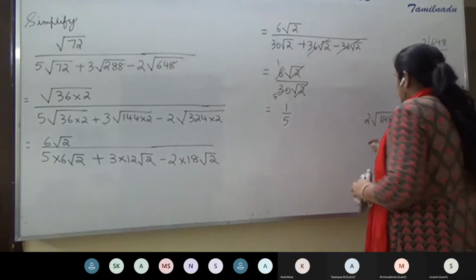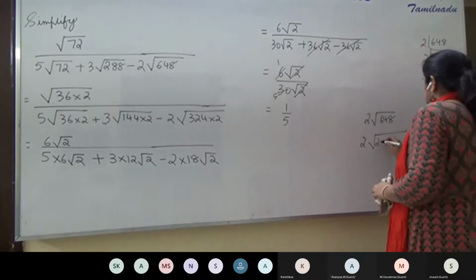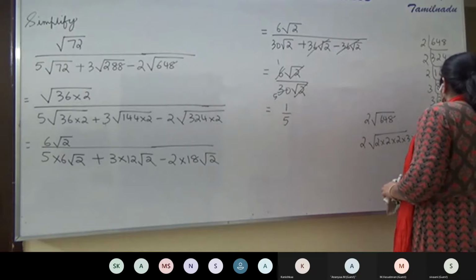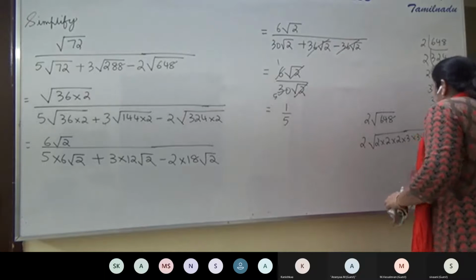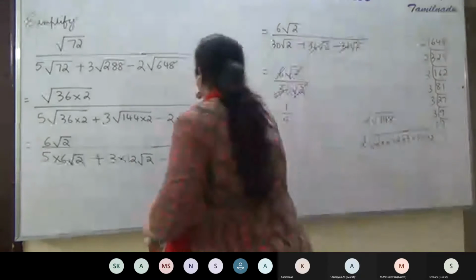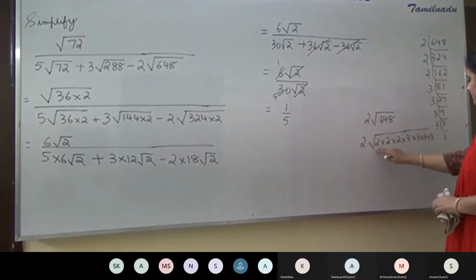So like this, you'll have to perform for the others. So it will be 2 into square root of 2 into 2 into 2 into 2 into 3 into 3 into 3 into 3. This I'm just showing for this part alone.